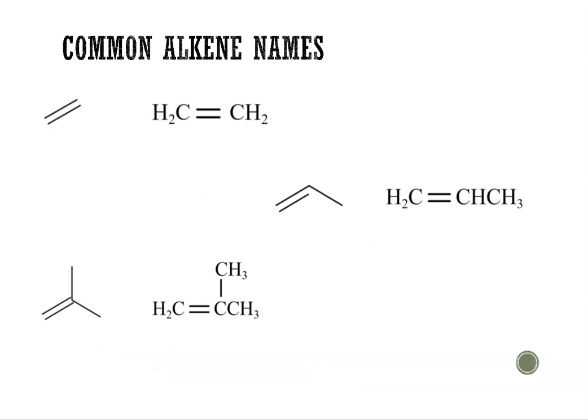Okay, common names. There are a couple of common names that you will see here and throughout that we do need to know. We just said that this was ethene, but ethylene is the common name for that. Propene, with 3 carbons, has the common name propylene.